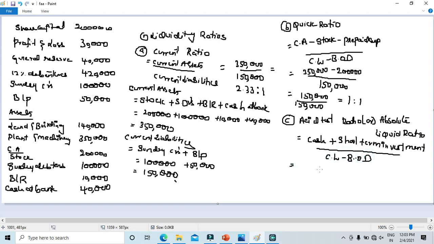Debt includes long-term loans, debentures if at all any are there, and mortgages if at all any are there, mortgage loans. And equity is nothing but your equity shareholders fund.